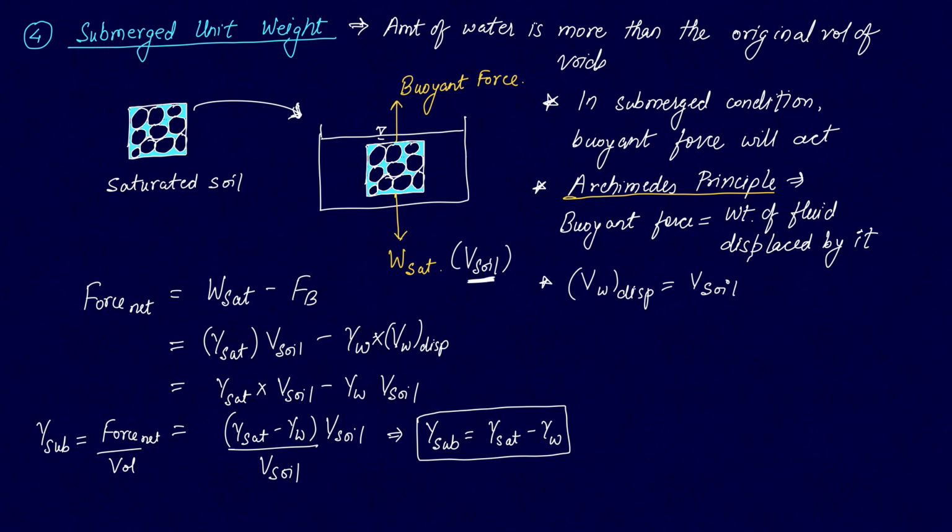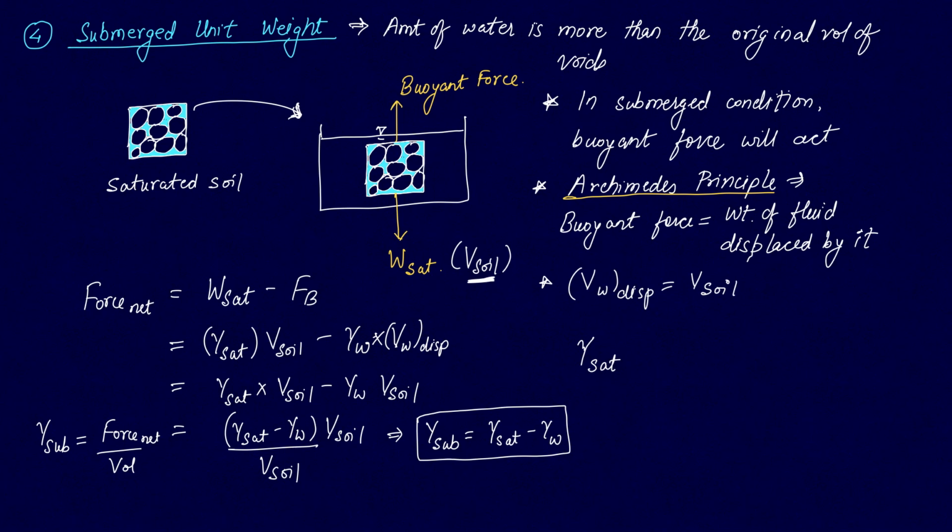So these are the total four types of gamma for the soil. Now if we compare these five, obviously the saturated state of the soil will have the most weight.